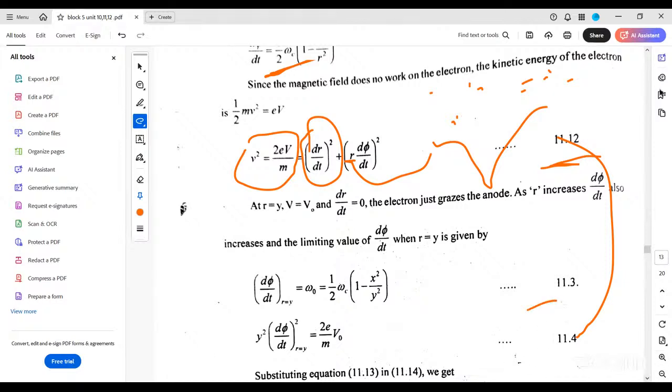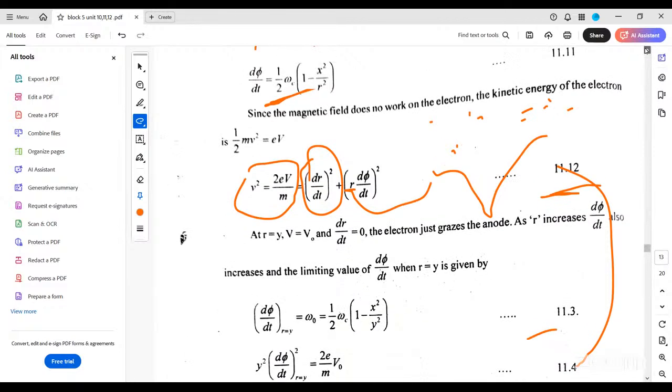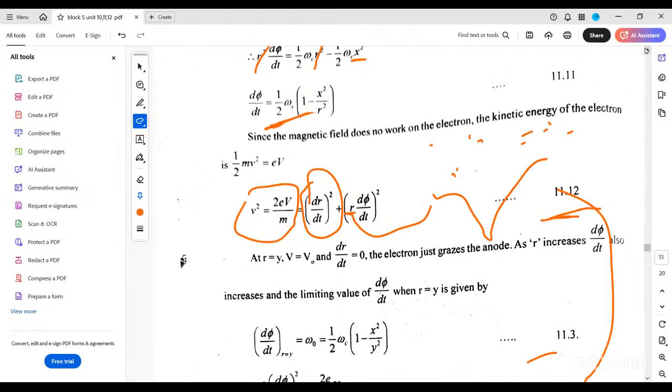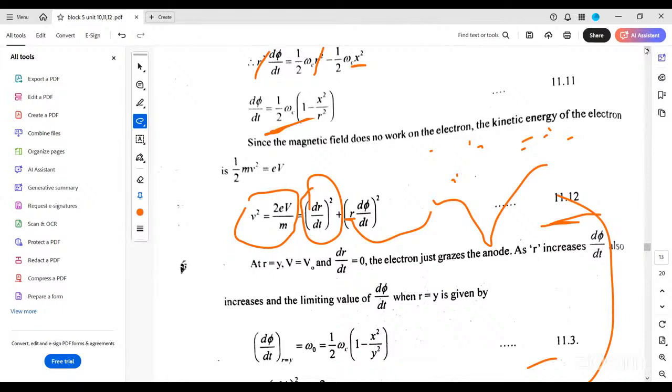Compare 11.11 and 11.13, the two equations. d5 by dt equals 1/2 omega c times 1 minus x square by y square. In place of r, y is substituted. If we substitute y in place of r in 11.11, we get 11.13.